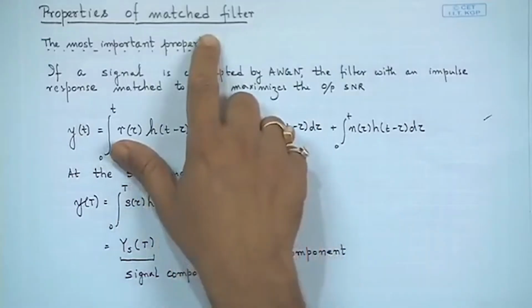Of course, other receivers are possible depending upon different situations, but a very basic and important step in evaluating performance is to find the performance of a matched filter receiver. So, let us look at the matched filter.